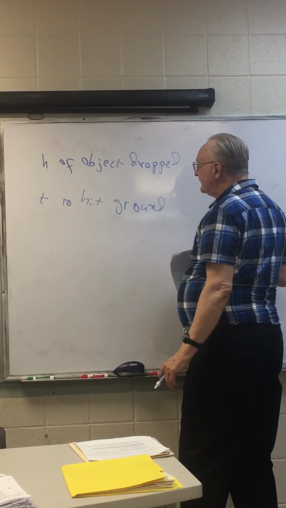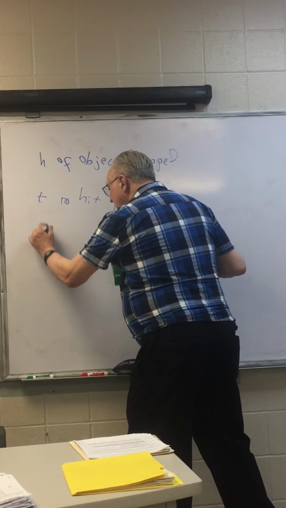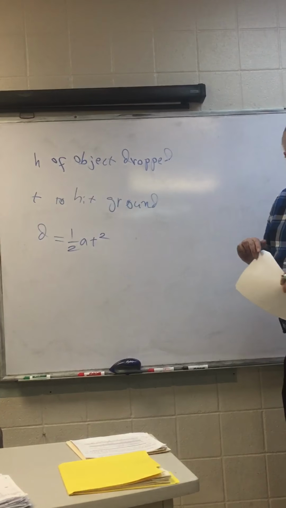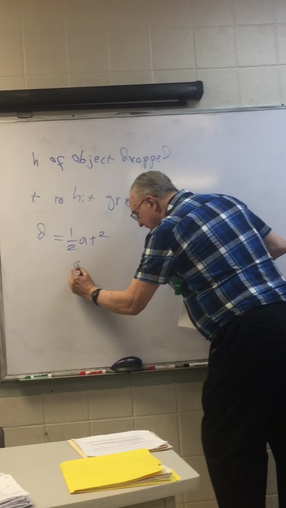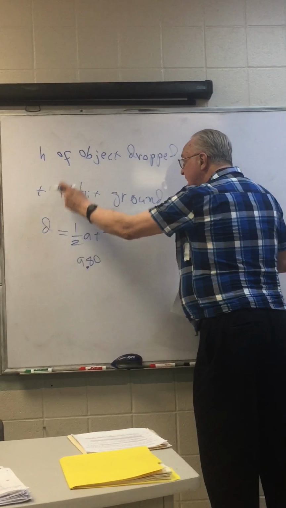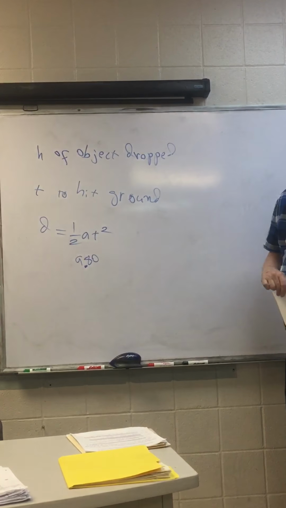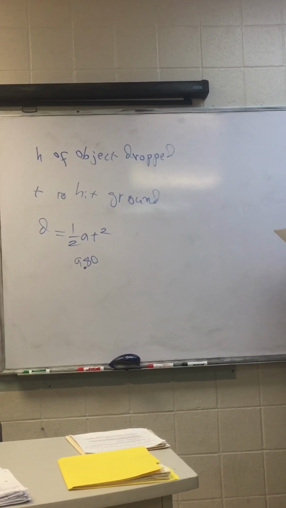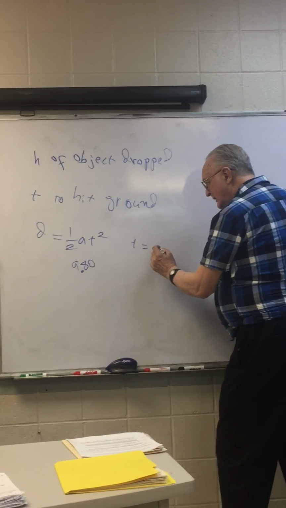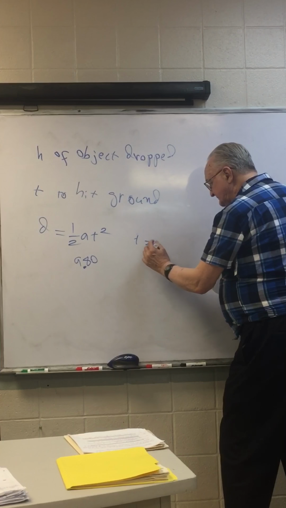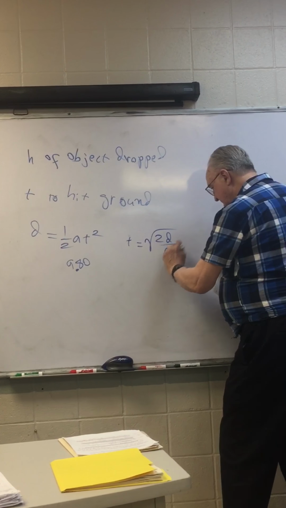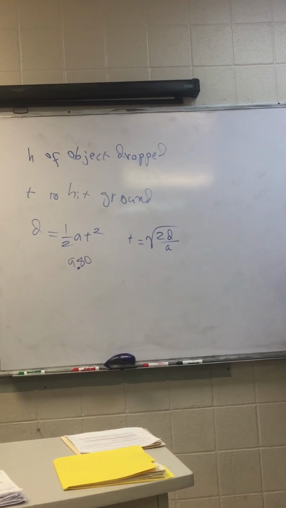What do I want for time? d equals 1/2 a t squared. You solve that for t. You've got your acceleration is 9.80, and your time is what you're looking for, and your distance is the height the object drops, how far it drops. So if you wanna solve it algebraically first, t equals the square root of 2d over a.